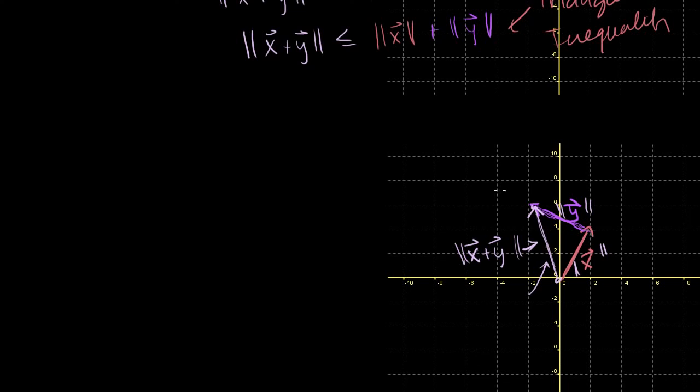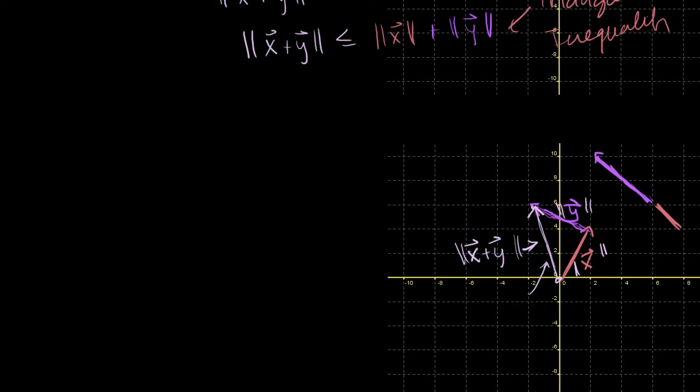And what's the case in which this length is equal to these lengths? Well, if you keep flattening this triangle out and you go to the extreme case where maybe the vector x looks like this, and the vector y is going in the exact same direction, maybe a little bit further.